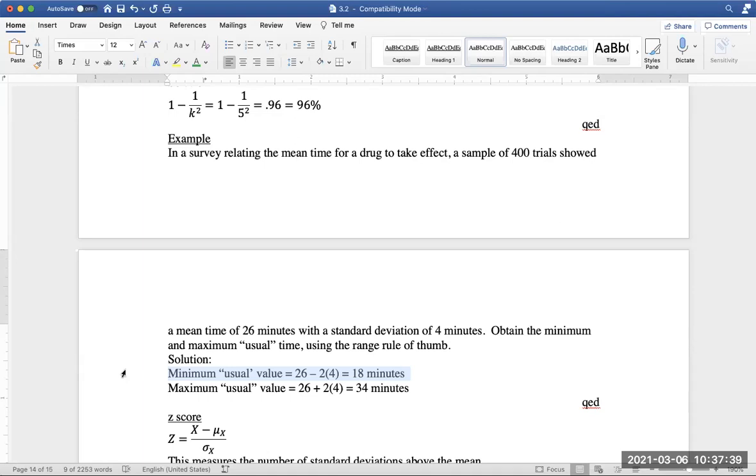So 26 minus 8, 18 minutes. The maximum usual time is the mean, 26, plus 2 times the standard deviation, 4. 26 plus 8, 34 minutes. So it usually takes between 18 and 34 minutes for this drug to take effect.